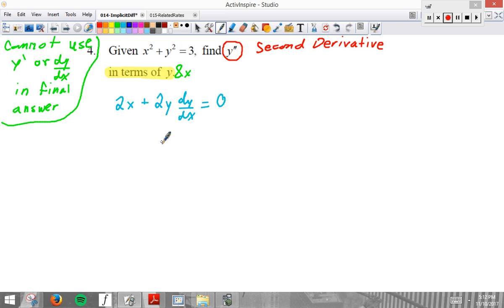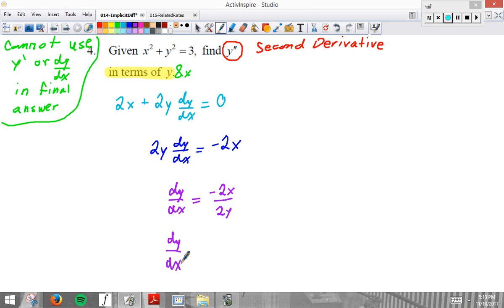Solve for dy/dx. Minus 2x. Divide both sides by 2y, and we get dy/dx equals negative 2x over 2y. Or if you want to simplify right now, it won't hurt you, negative x over y.